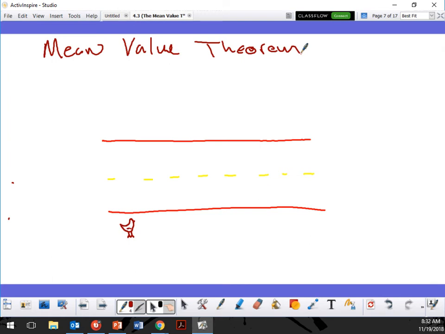All right, there's a chicken there. That's quite interesting. And so you come back a little bit later, and guess what? There's that same chicken.